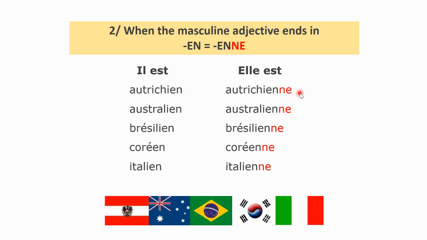Elle est autrichienne. Il est australien. Elle est australienne. Il est brésilien. Elle est brésilienne. Il est coréen. Elle est coréenne. Il est italien. Elle est italienne.